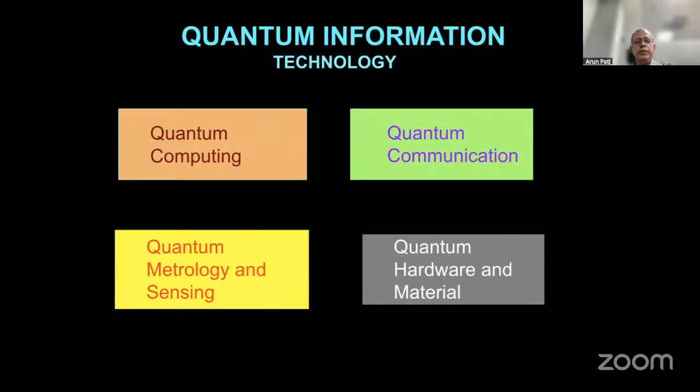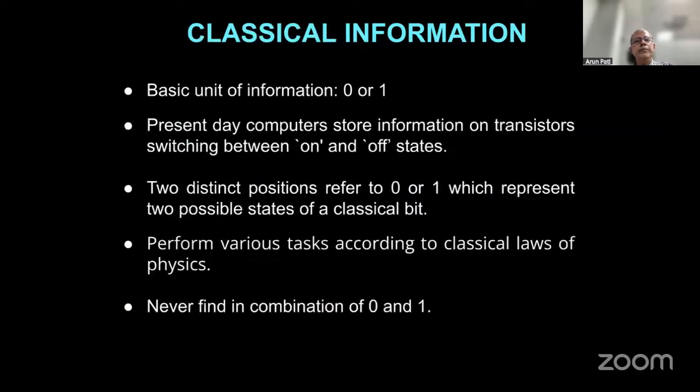And in fact, if you see, National Quantum Mission has invested heavily under these four thematic hubs, and many researchers from India are involved in this, and they're contributing in a significant way. So in my talk, I will try to cover these first two things, quantum computing and quantum communication. I will not have time to touch about these two topics. So I will try to focus mostly on this computing and communication side.